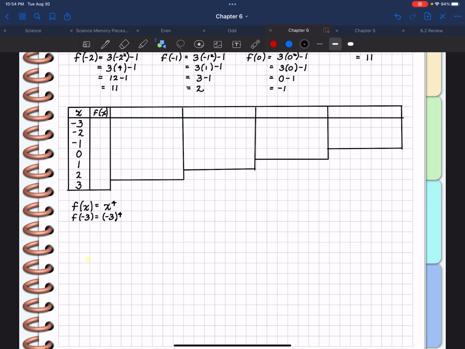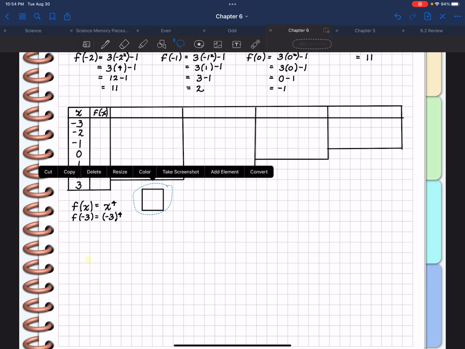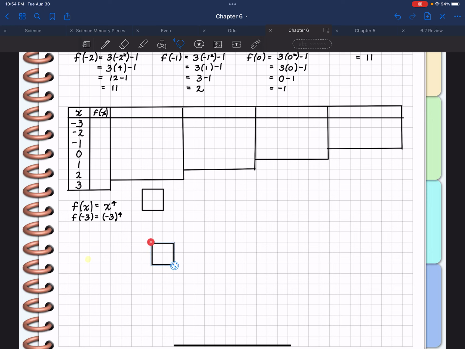And let's use the calculator to do these. So let me give you the buttons for the calculator. It'll take me just a second, but it's worth the time to draw it. First thing you want to do always is press all clear. And then you're going to put in your base, and then your exponent key, and then the exponent, and then your equal sign. So I will do these with you to let you get the hang of it.